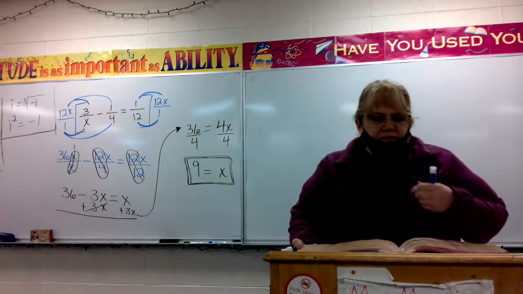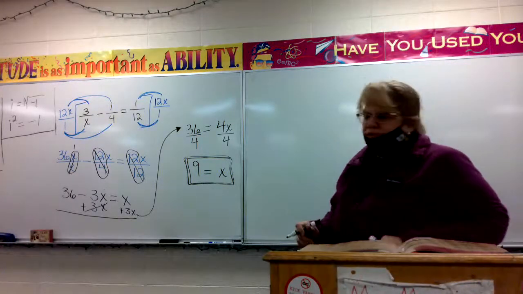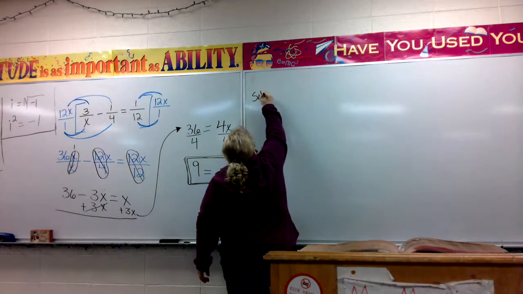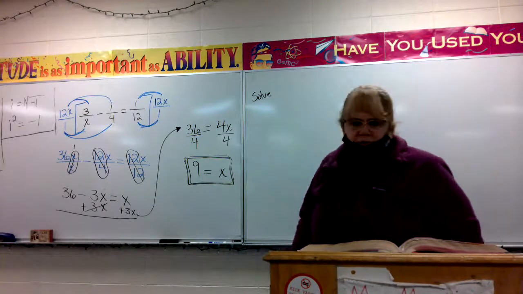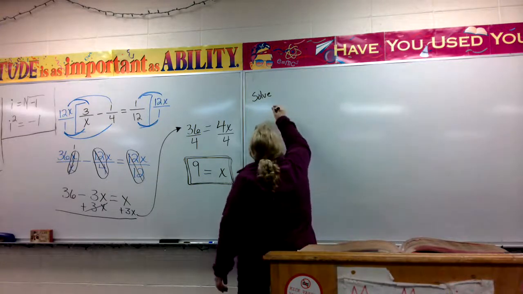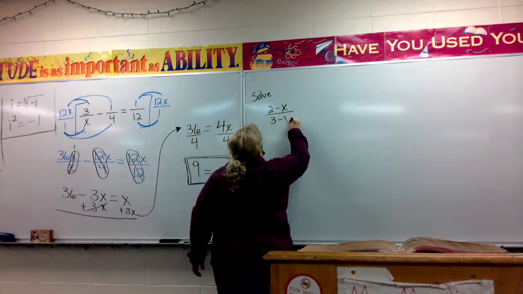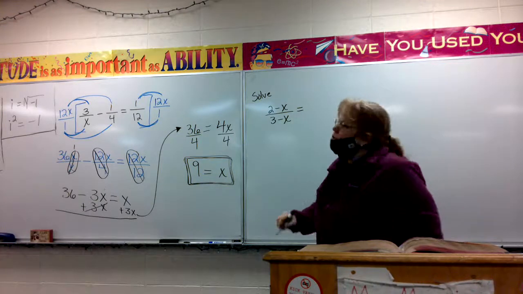Do you have questions first? How about something like this? 2 minus x over 3 minus x equals 4 over 9.